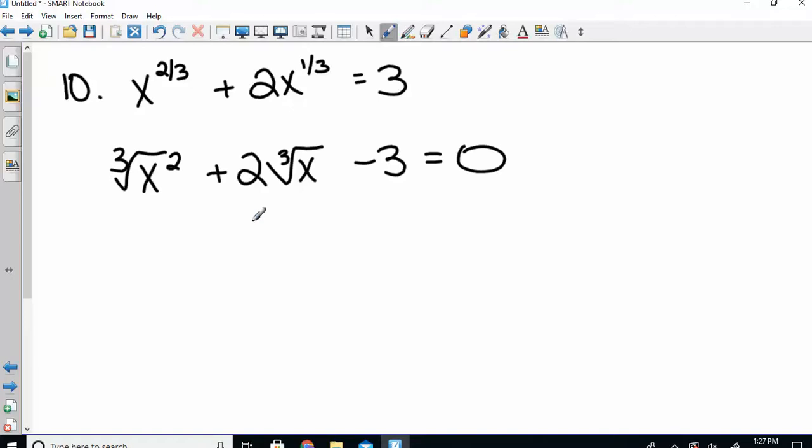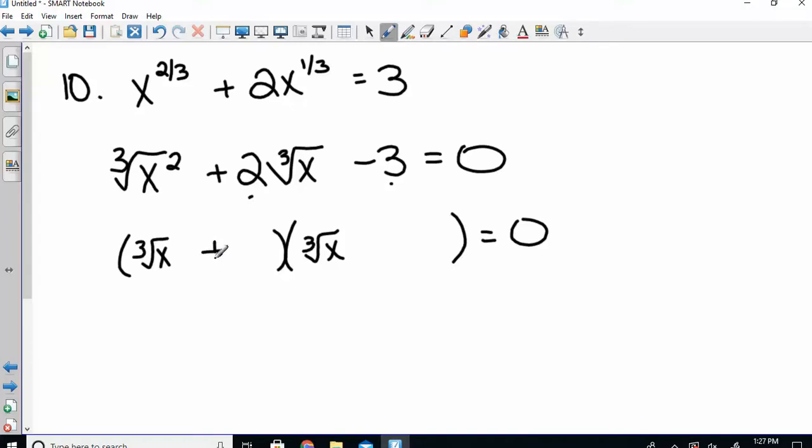However, this is like a quadratic. Because that's a squared, we can do the box method here. So we'll put a cube root of x in each of them. Then multiply to -3 and add to +2. +3, -1.